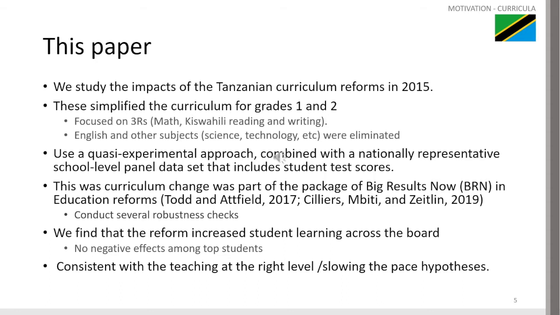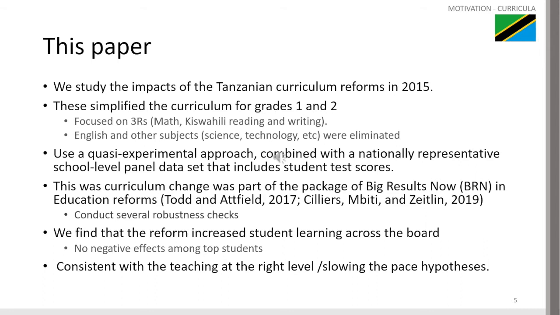What's important to also know is that this curriculum change was part of a package of reforms known as Big Results Now in education. And so there were a lot of things happening at the same time, and so we have to be careful about attributing anything we see in our empirics to this curriculum reform itself. And so to assuage some of these concerns, we conduct several robustness checks just to make sure that we are picking up the curriculum effects.